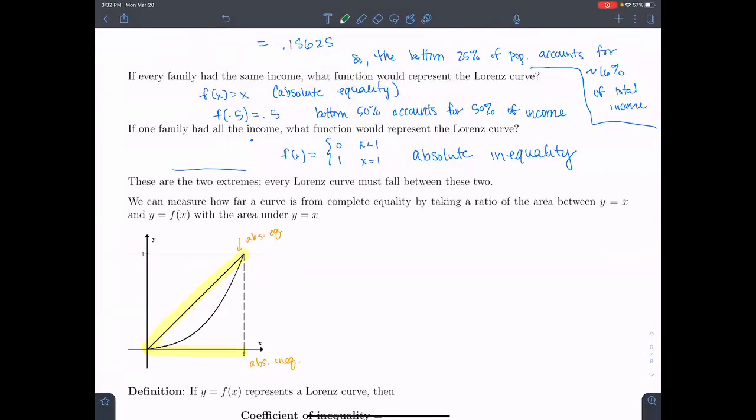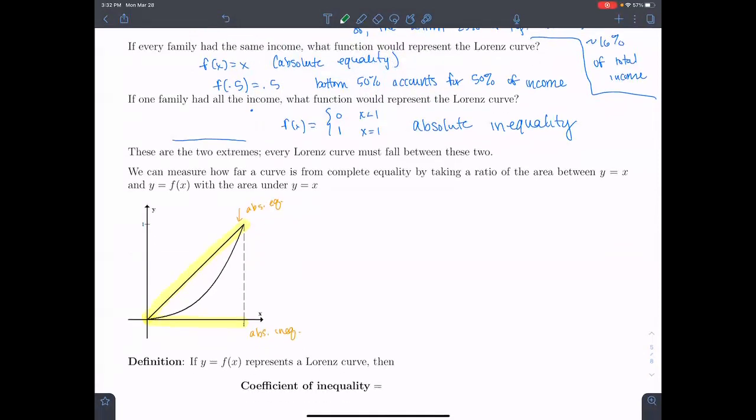We want to measure how far off a curve is from equality by doing an area ratio, a ratio of this area, call this area 1 and this area 2. So the ratio between y equals x and f of x with the area under y equals x.